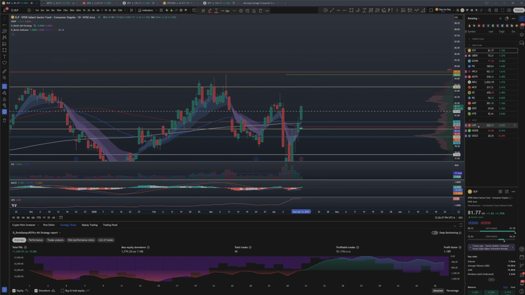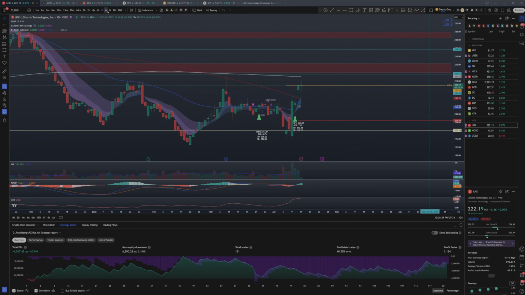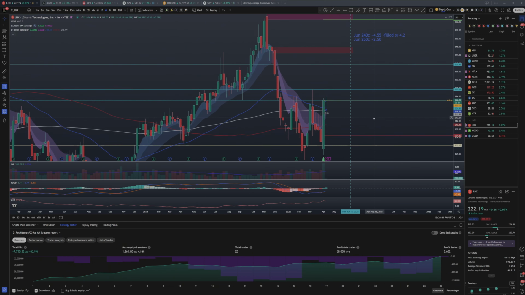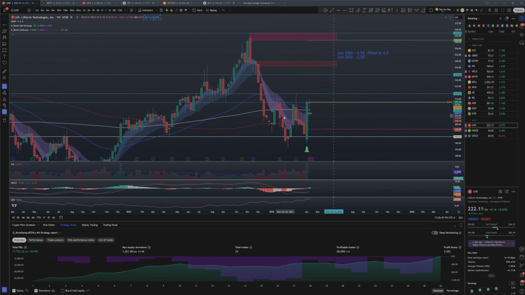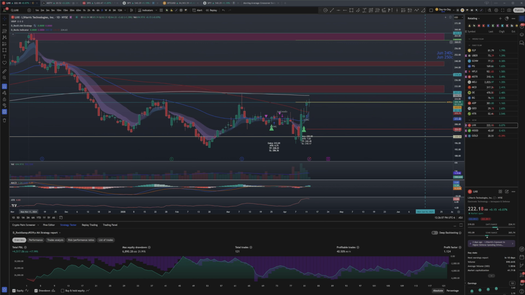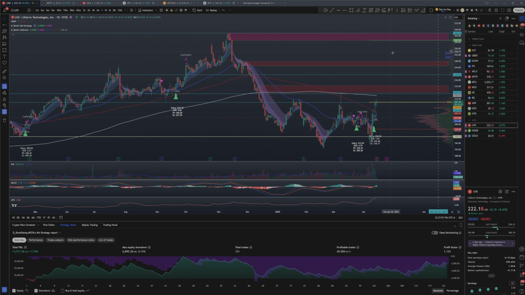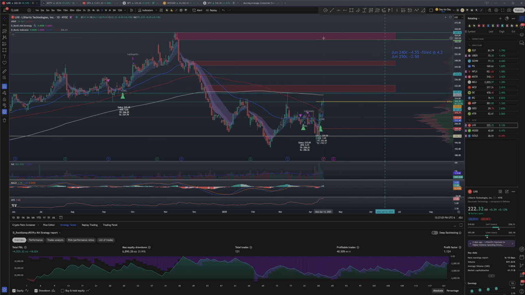There are examples. LHX was one we did on the weekly. And these are the actual calculated levels. 204.89 here was the entry. And here was the actual profit target based on the ATR. And it put it right at the very beginning of daily supply, which is exactly where I would want to put it for an ultimate target.